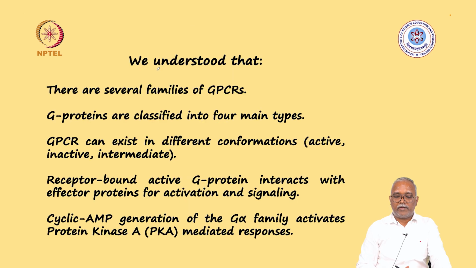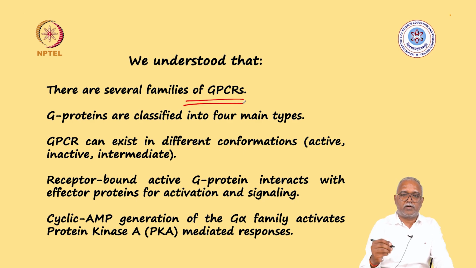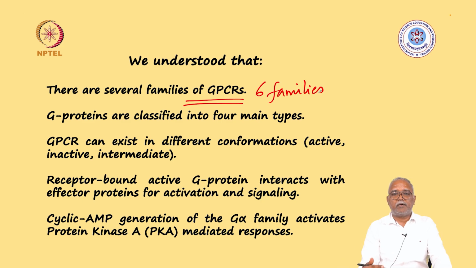So, now if we try to see what we have understood in this class today, GPCRs are the largest family, we have already known this, but this is present in almost 6 families, and out of which almost half of these GPCRs are responding to the sensory stimulus which is present around us.